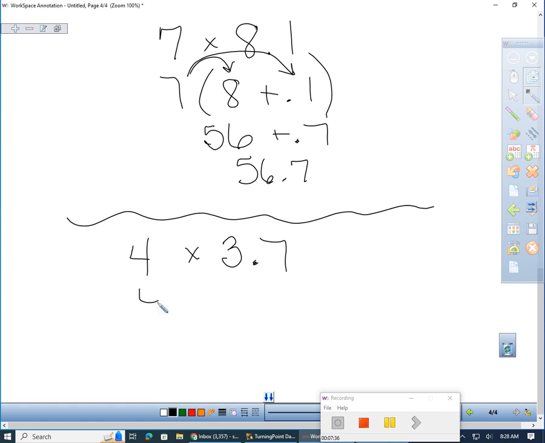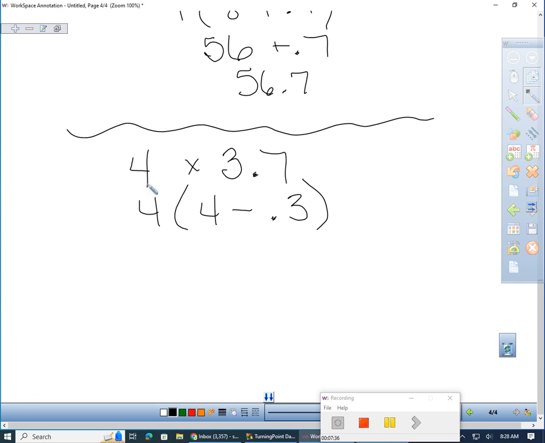So we could write this as 4 minus 0.3, right? So that's an option. Or we can do it the other way. So 4 times 4, 16, and 4 times 0.3 is 1.2. So what's 16 minus 1.2? 14.8, right? 16 minus 1 is 15, then you have to subtract another 0.2.